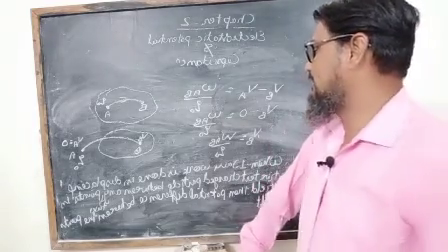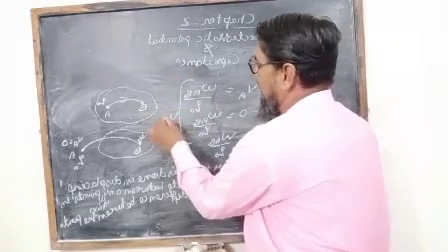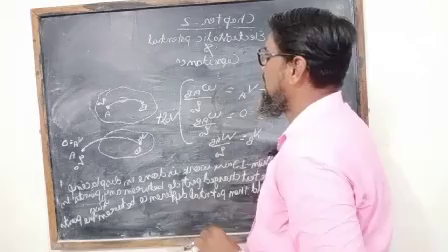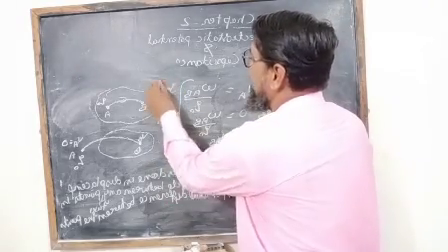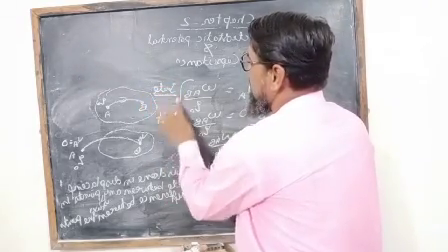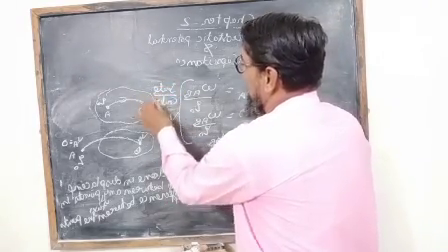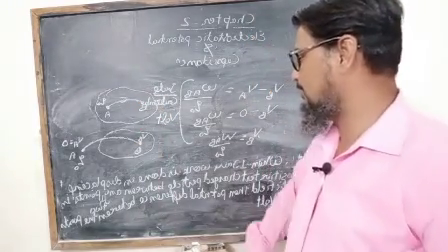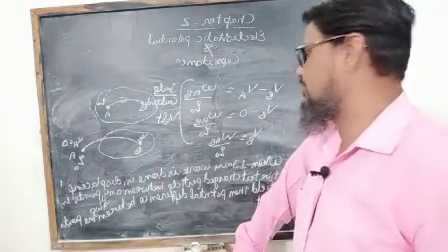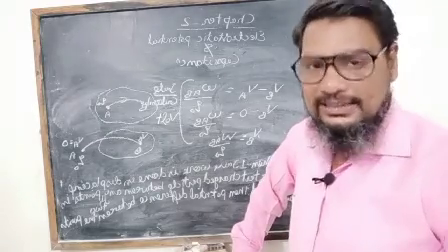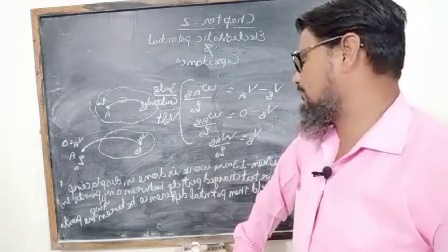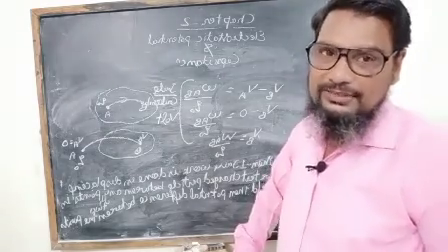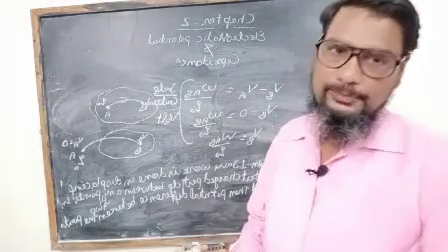Their SI unit is volt, and this is joule per coulomb. Since work done and charge are both scalar quantities, potential is also a scalar quantity, and joule per coulomb is the volt. And what is 1 volt? We have discussed it also.